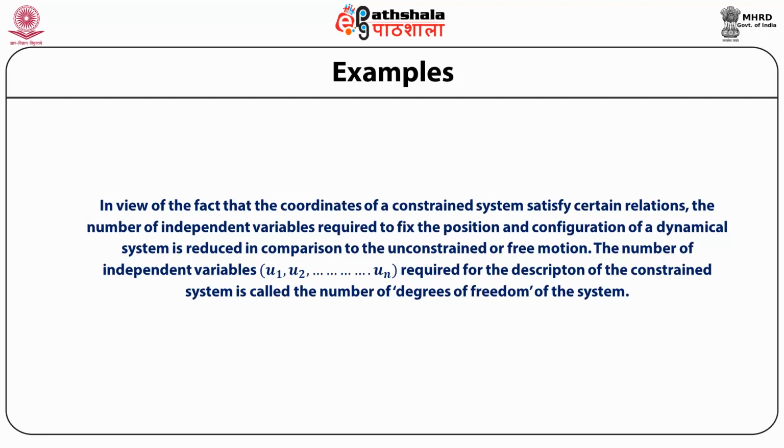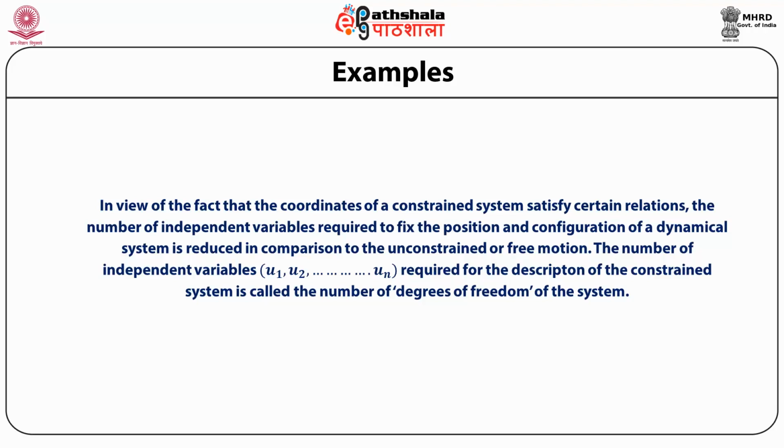Therefore, the number of independent coordinates required to fix the position and configuration of a dynamical system is correspondingly reduced. The number of independent variables which are required for the description of a constrained system would be designated as u1, u2, ..., un, and these independent variables are called the number of degrees of freedom of the system.